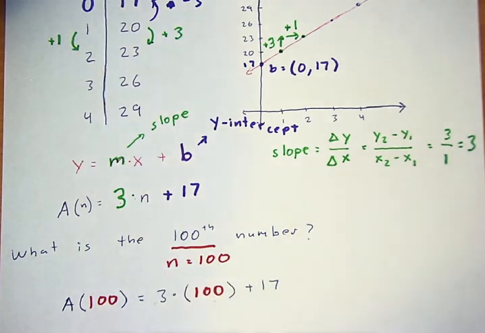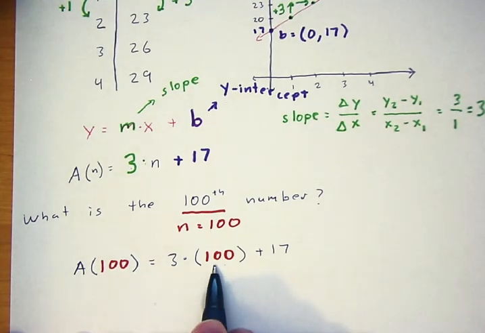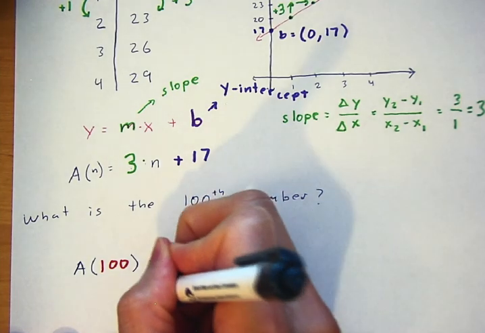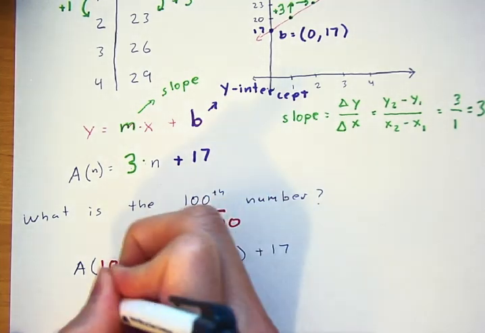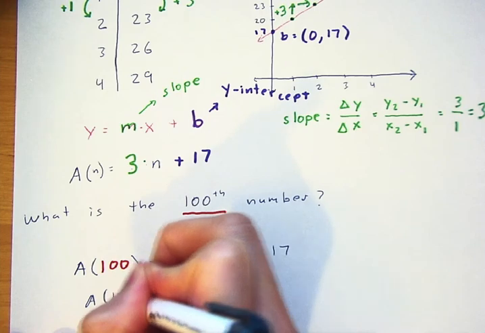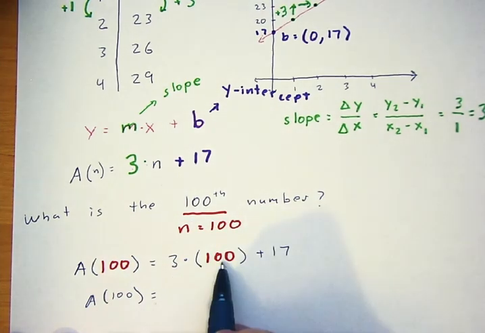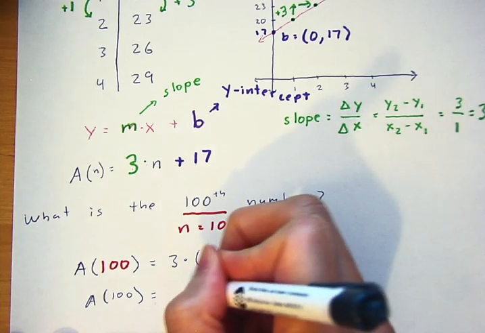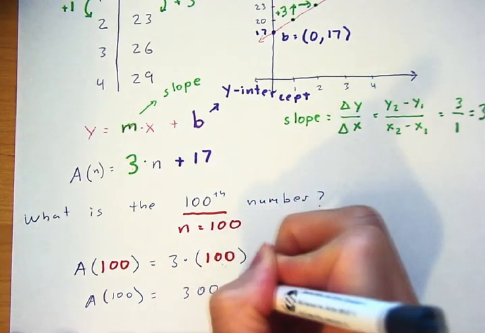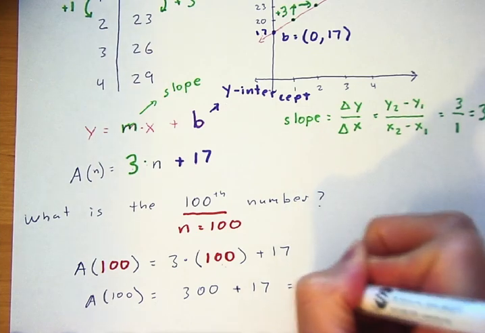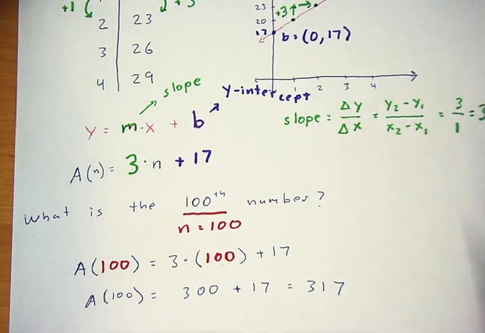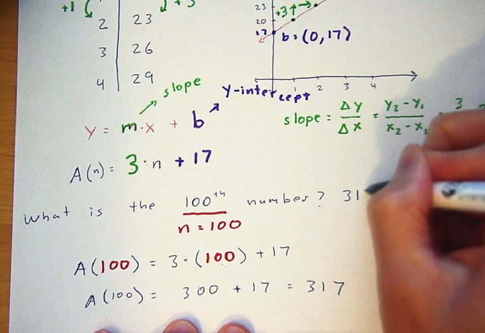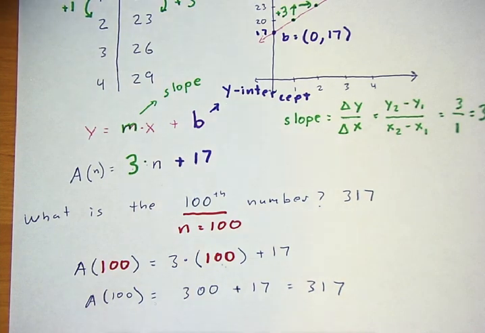That's always a good habit. So when n equals 100, let's find out what a of 100 is. 3 times 100 is 300, plus 17 equals 317. So my 100th number in that sequence is 317.